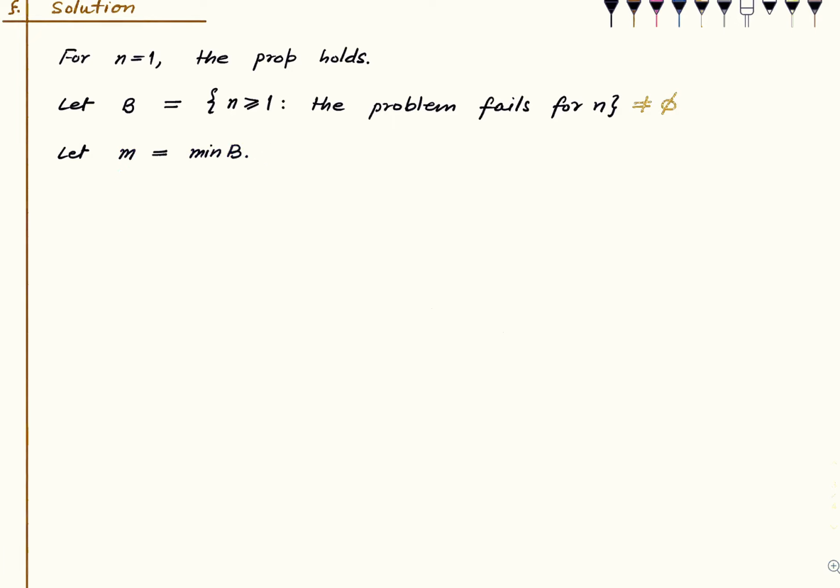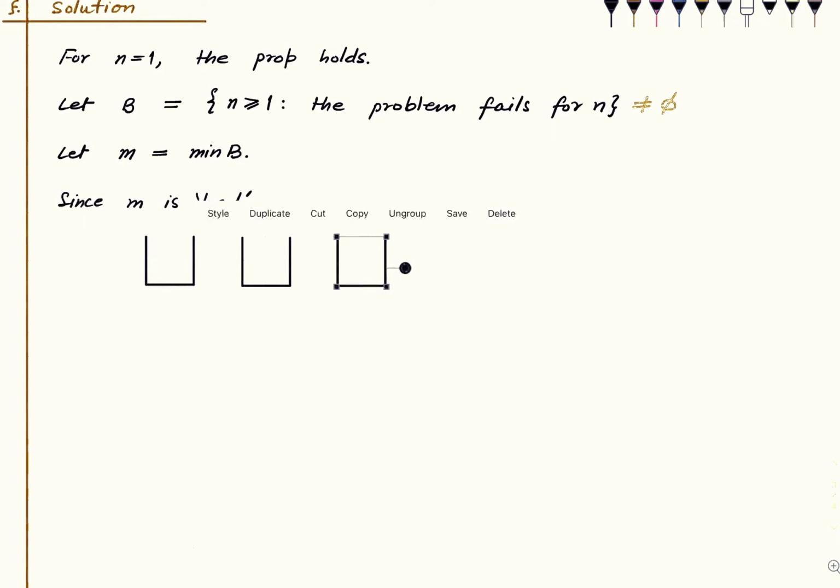Okay. So now, since M is bad, we have a configuration of M plus 1 bins. Okay, so M plus 1 bins have been drawn. The first bin has B1 balls, B2 balls, then B3.